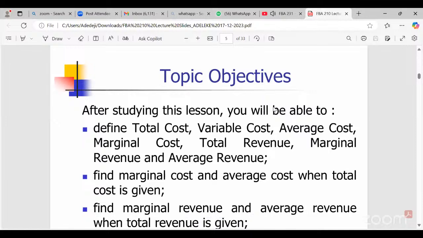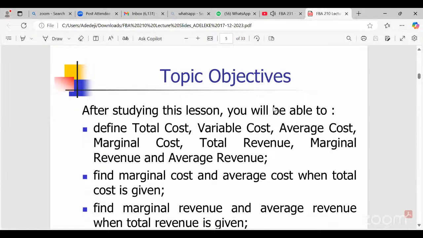Specifically, we'll be looking at total cost, variable cost, average cost, marginal cost, total revenue, marginal revenue, and average revenue. We look at all those concepts and see how integration comes into play.